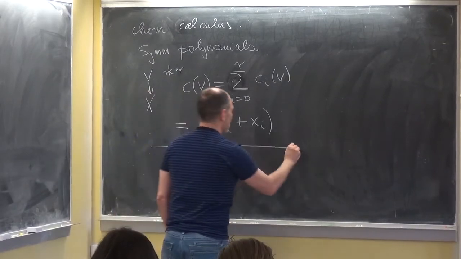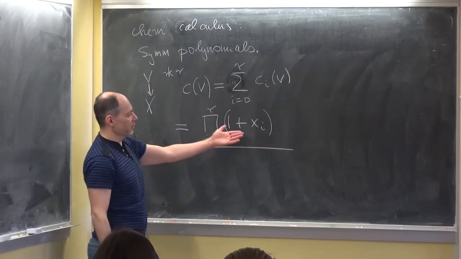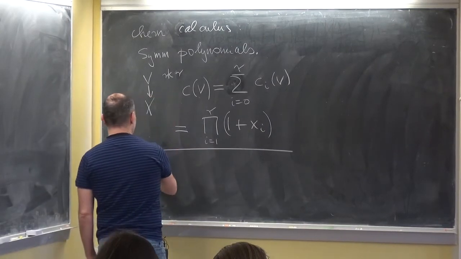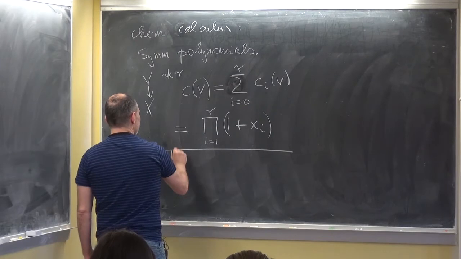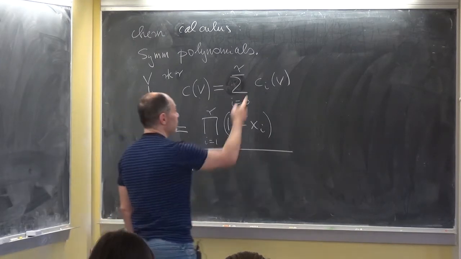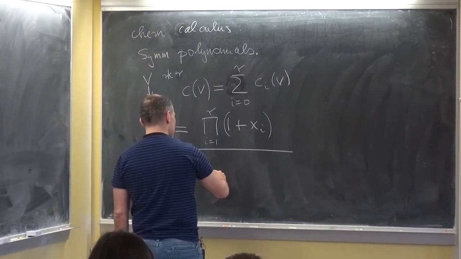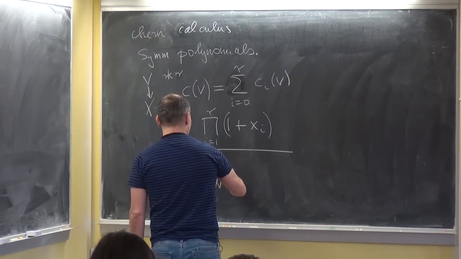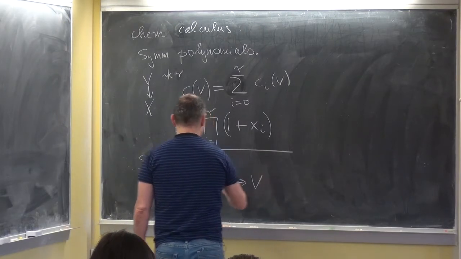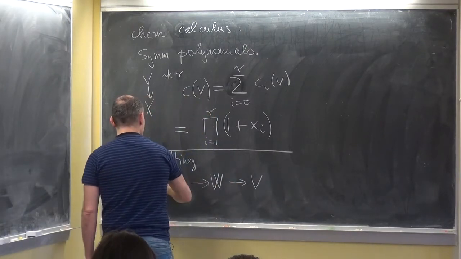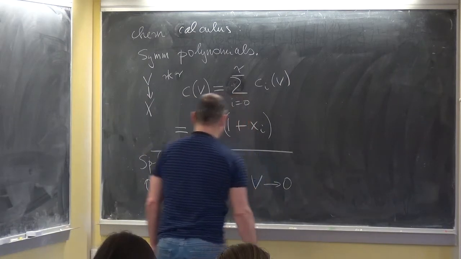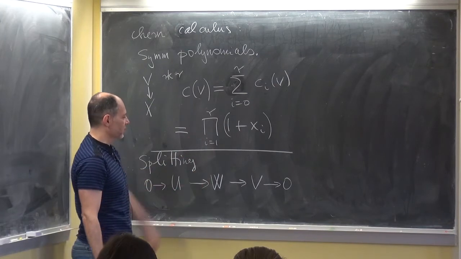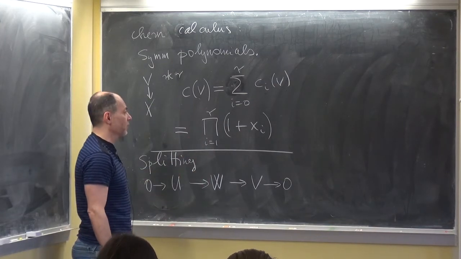And so then this had the enjoyable property, which is quite obvious from this using the splitting principle, that if you have an exact sequence of vector bundles, U, V, W, then clearly, if it's a direct sum, it's obvious; if it's not a direct sum, then it's a little more complicated.